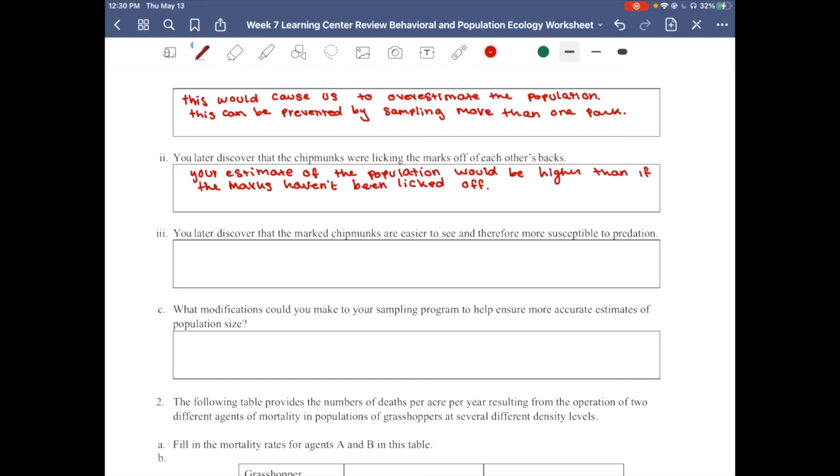So the probability of catching marked chipmunks reduces by a lot. Therefore, the population size that we calculate will also be reduced by a lot. So it's proportionately going down. It's not that we overestimated or underestimated. As the marked chipmunks disappear, our estimate decreases by the same amount. So our proportions are still the same, but we're not able to accurately quantify the population.